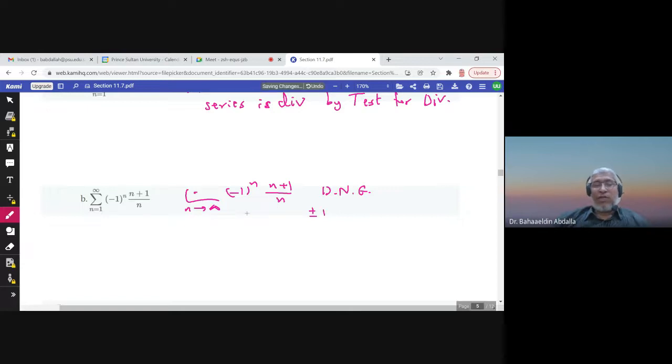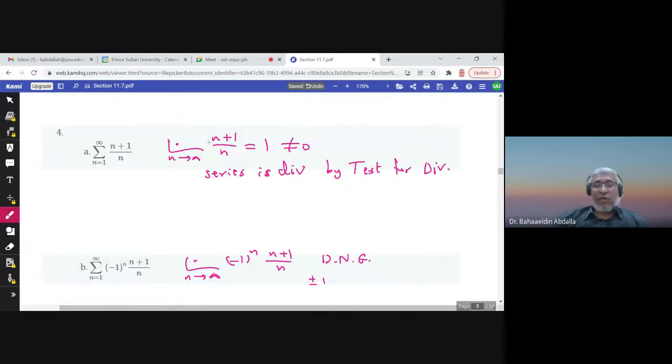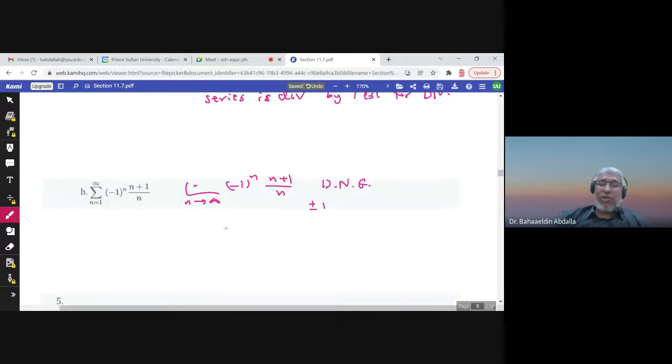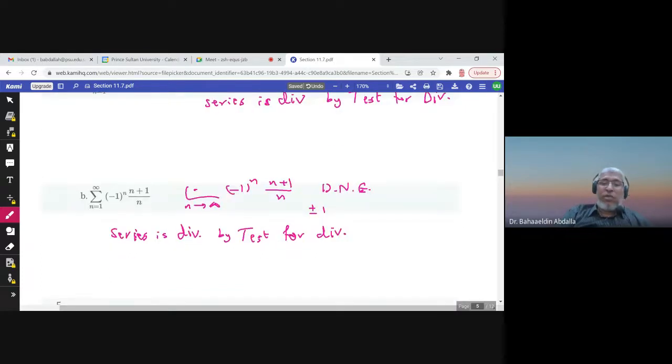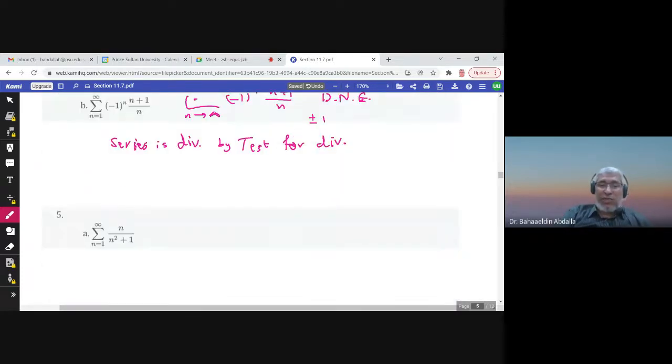It doesn't reach a specific number. So the series is divergent by the test for divergence. And I did not use the alternating series test here.